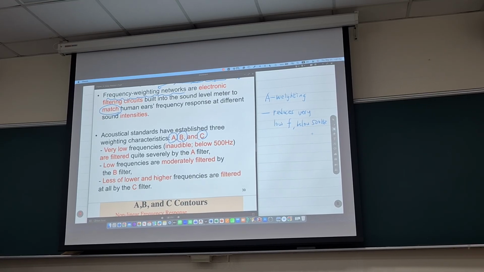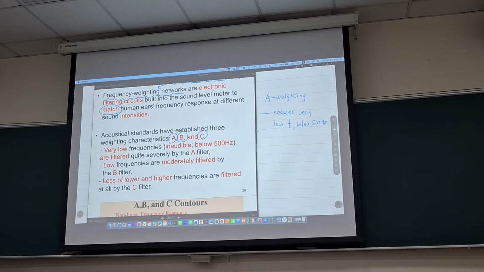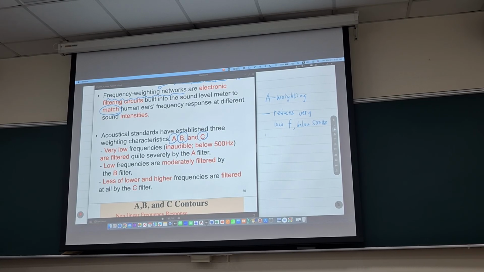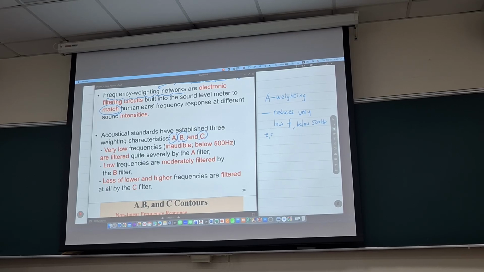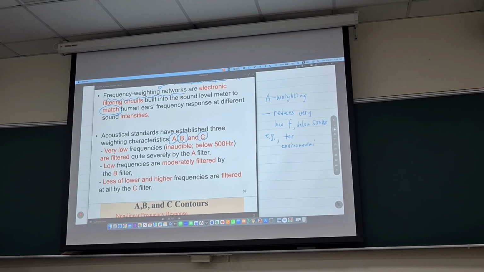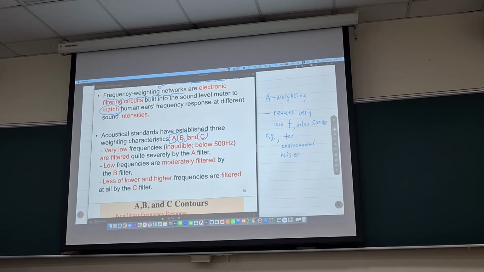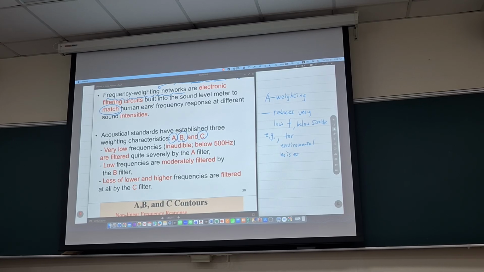So what kind of noise is it commonly used for? For example, environmental noise, because it's close to human hearing at normal sound levels.